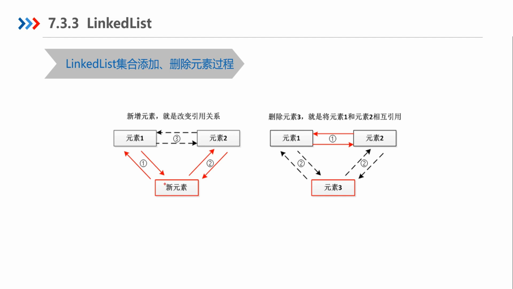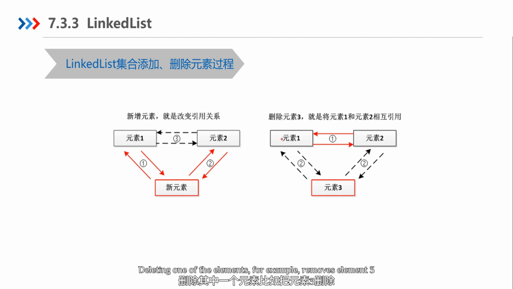The same goes for deleting elements. Deleting one of the elements, for example, removes element 2. We just need to make element 1 point to element 3. So adding and removing elements is faster than ArrayList.